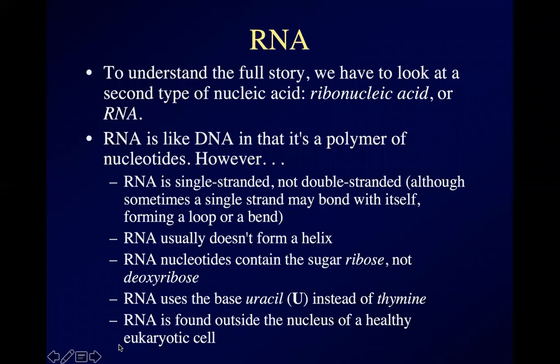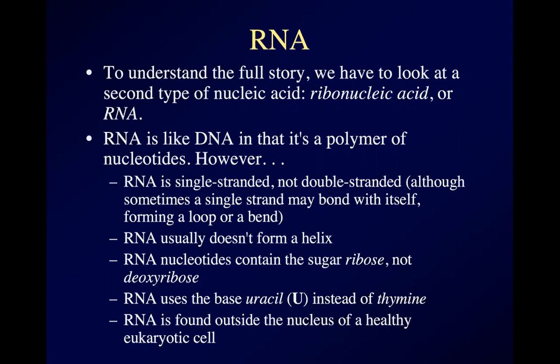And so to get the full story of how it is that genes direct the assembly of proteins, you have to look at the second type of nucleic acid called ribonucleic acid, or RNA. They're both polymers of nucleotides. The differences are, first of all, typically RNA is single-stranded.